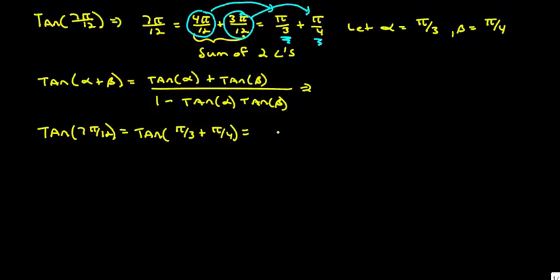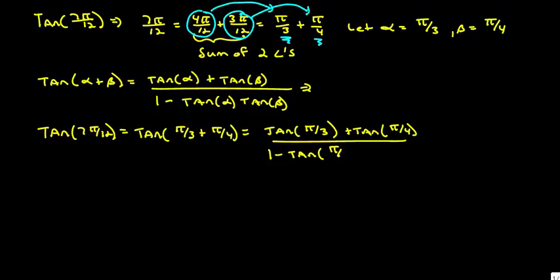Using the formula, this gives me the tangent at pi over 3 plus the tangent at pi over 4, divided by 1 minus the tangent at pi over 3 times the tangent at pi over 4. So when you do this, you've got to make sure you know each of these values.